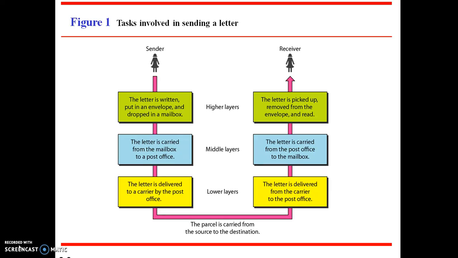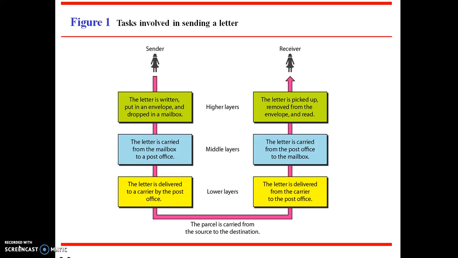Then the postman comes, takes the letter and carries it from the source to the destination. There another postman receives the letter from the post box and delivers it to the particular person, and he receives the letter and reads it. This is the layer task.